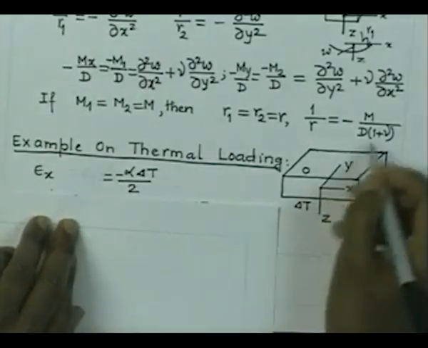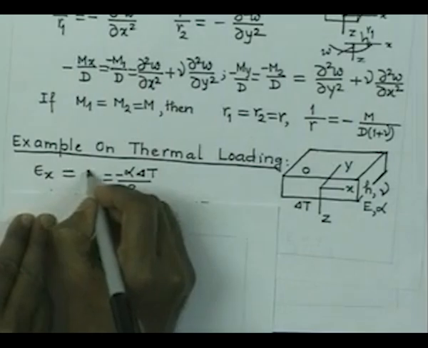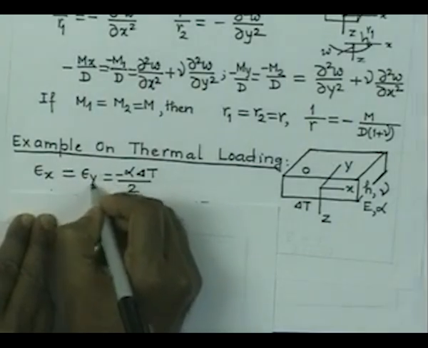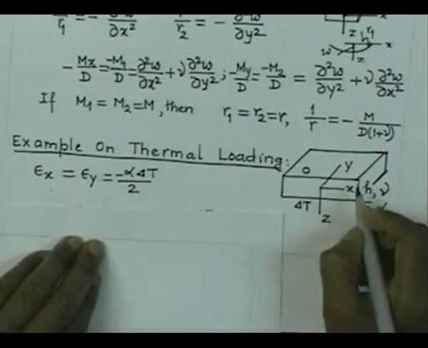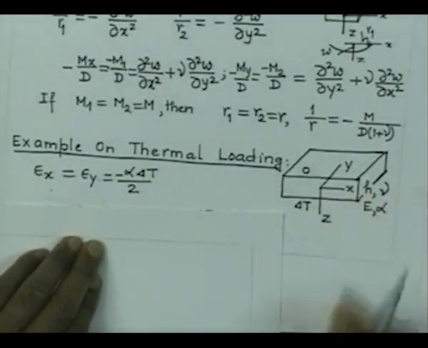And similarly, in this direction also we are going to get the same strain. So, epsilon x equals epsilon y is equal to minus alpha delta T by 2, at z is equal to minus h by 2.